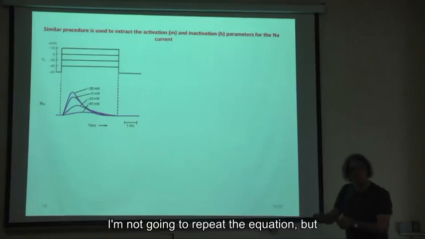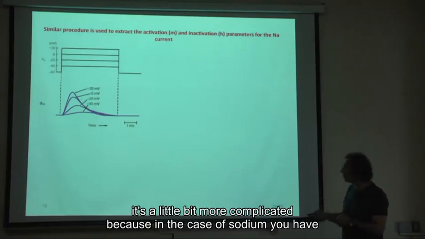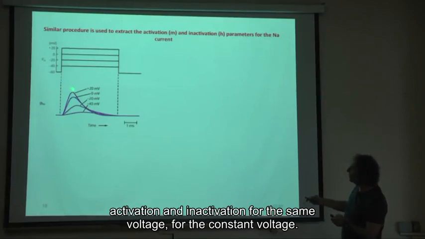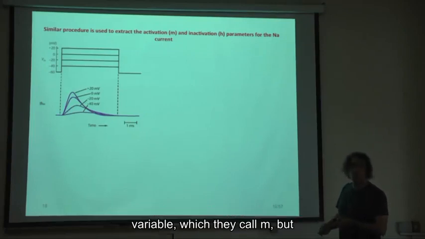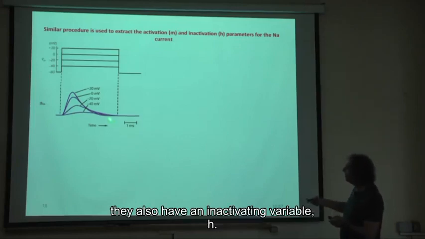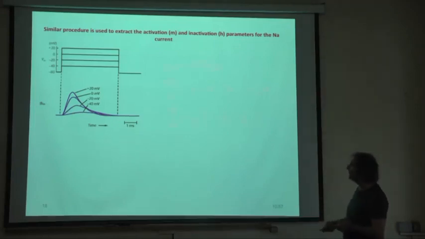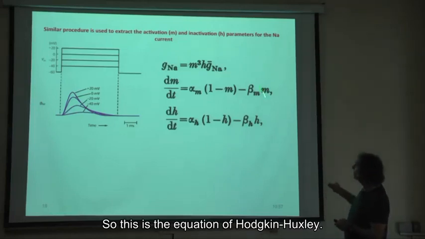I'm not going to repeat the equation, but it's a little bit more complicated because in the case of sodium, you have activation and inactivation for the same constant voltage. This means that here you have to have another variable, not only an activating variable, which they call m, like n, but they also have an inactivating variable h. So this is the equation of Hodgkin-Huxley.